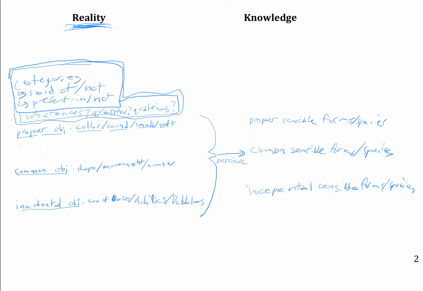So the soul takes on the impress of the proper objects, the common objects, and the incidental objects. So these share a form. They're identical as to form, not matter. They're not identical as to matter. And so there's a direct transmission. They're perceivable in themselves, and there's a direct transmission from the proper, common and incidental objects of sense to these sensible forms in the mind.